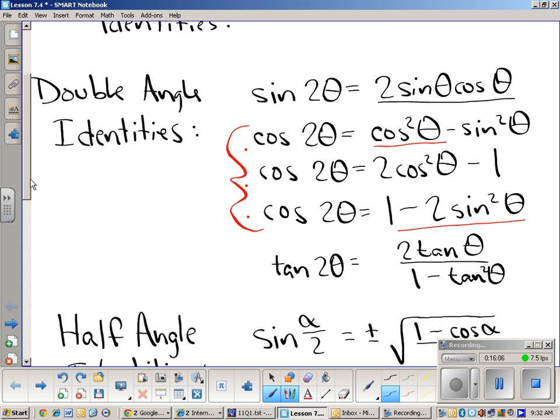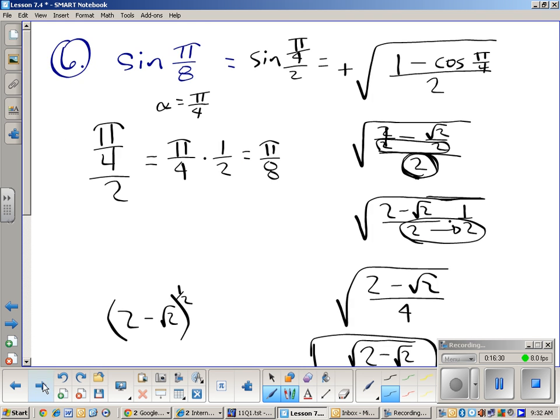I would choose the third one because it's got sine in it, nothing else. So I would choose 1 minus 2 sine squared theta. Now, I had to find the cosine to answer the other question, didn't I? So the reality is any one of these would work. But if they only asked me for the cosine of 2 theta, then this last one would be way less work because I have the sine. I know what sine is.